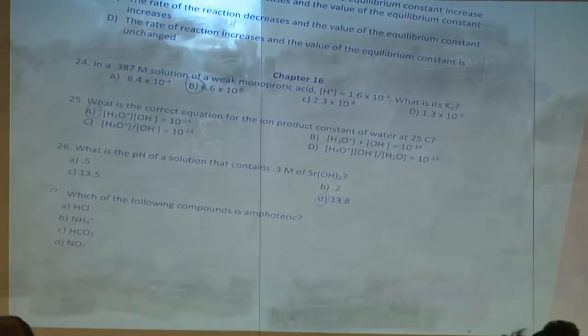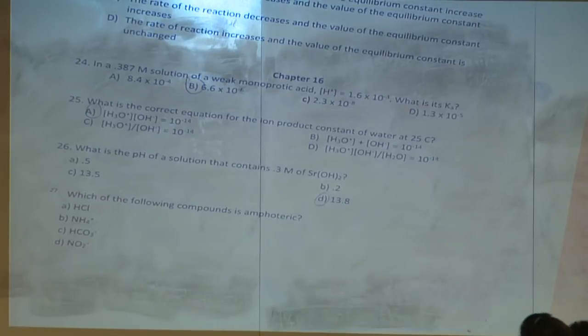Okay. Now 27 says which of the following compounds is amphoteric. Oh, you have a question? Because it's a strong base, it's going to completely make that same amount of OH ions. So you can't make an ice table because there would be nothing to make an ice table for.